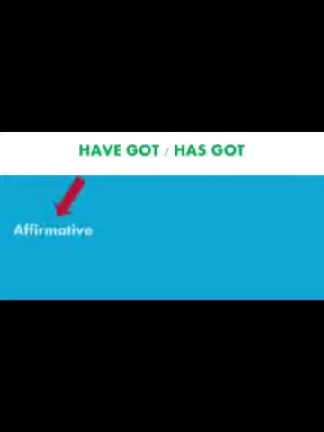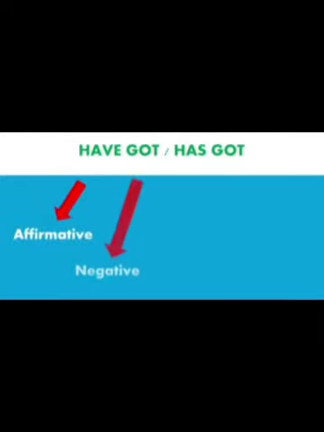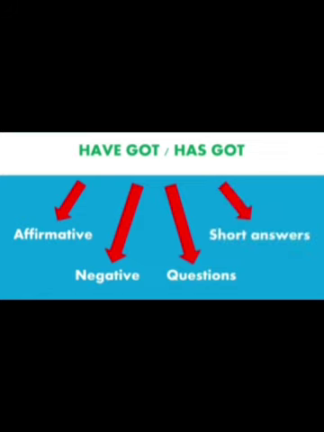Number 1, affirmative, negative, questions, and also short answers, which means we are going to use have got or has got to write affirmative and negative sentences, as well as writing questions and short answers.